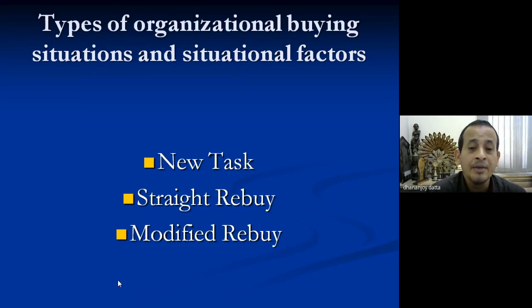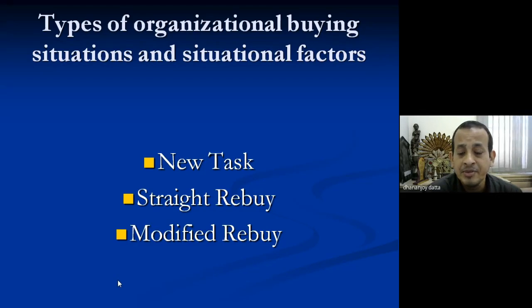So again, I am just giving you the summary. New task involves the purchasing of a product by a firm for the first time. First time buying is known as new task. And straight rebuy is repeating an earlier order as it is.